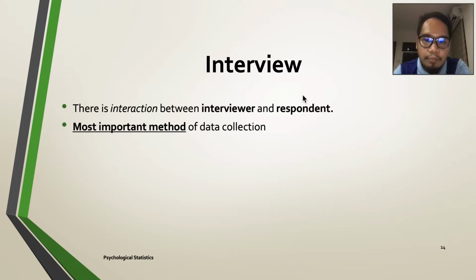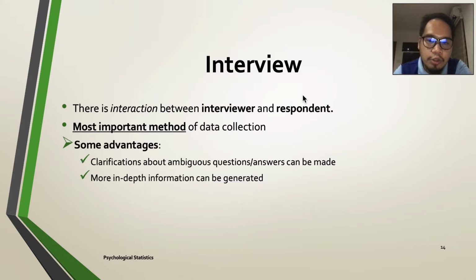It is the most important method of data collection, as it will give you the deepest information, the full information that the participant can give to you. So it's the most highly recommended type of collection procedure.